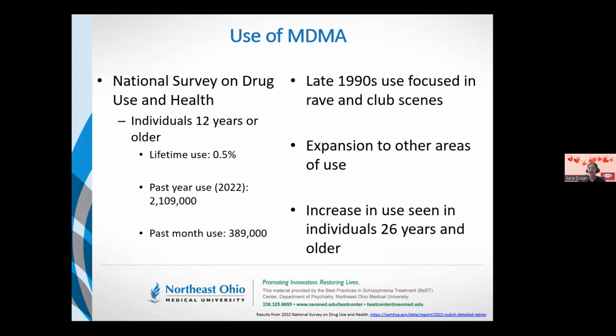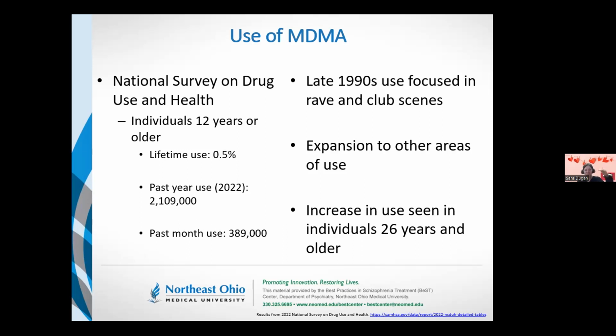But when we look at past year use, so have you used this within the past year? It was over 2 million individuals. And then in the past month's use, it's over 389,000 individuals. There's some discussion on whether or not the use is going up versus not. Depending on the data that you look at, in some cohorts, it might be.